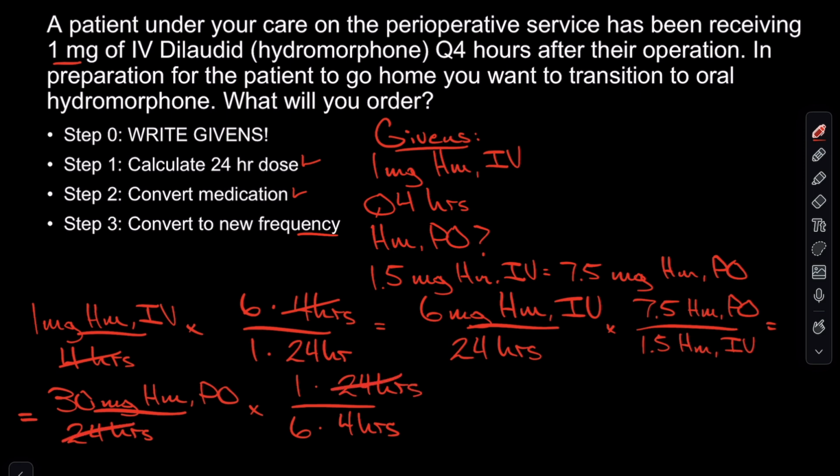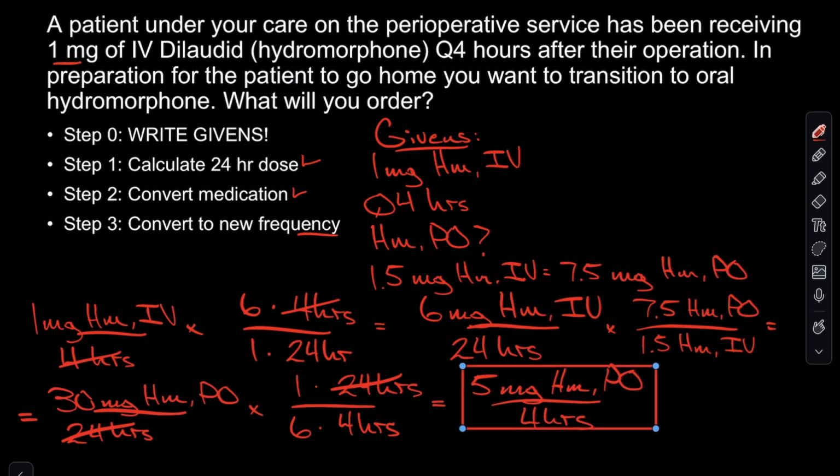So we can cancel these out, and then we're left with 30 divided by 6, which is going to be 5 milligrams hydromorphone PO by mouth every 4 hours. And then we'll box in our final answer, and hopefully that makes sense.